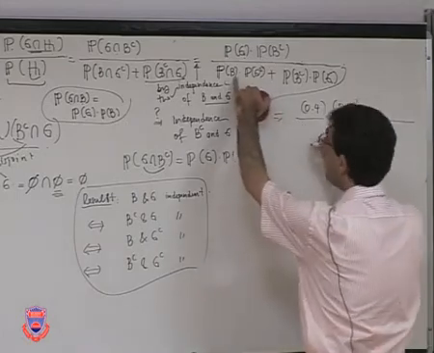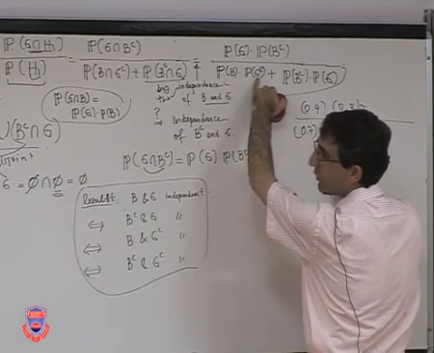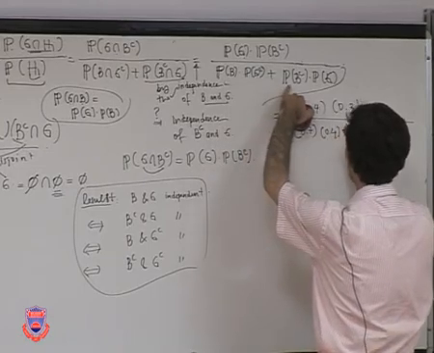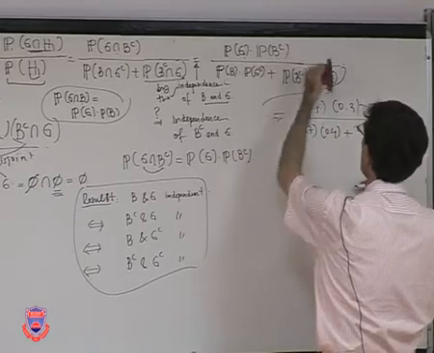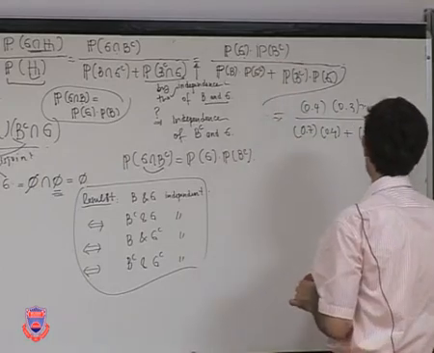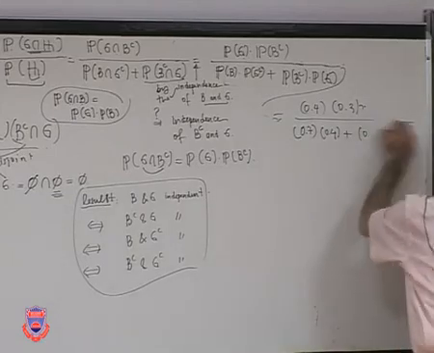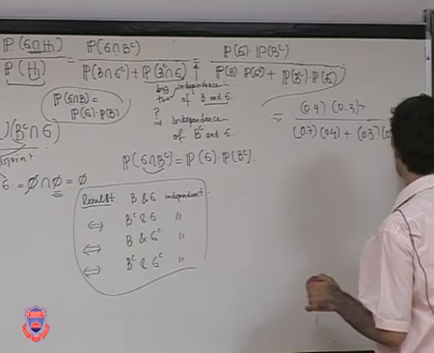So for B, it is 0.7. For G complement, the probability is 0.4. Sorry about that. And this is probability, so this is supposed to be the same, even though the order is different. Okay, just to be strictly correct, let me do it like this.